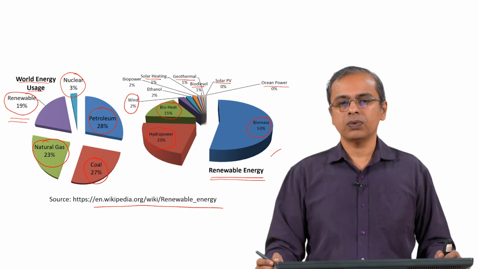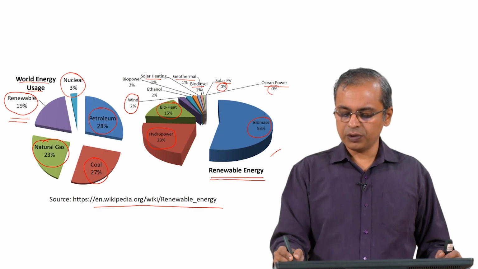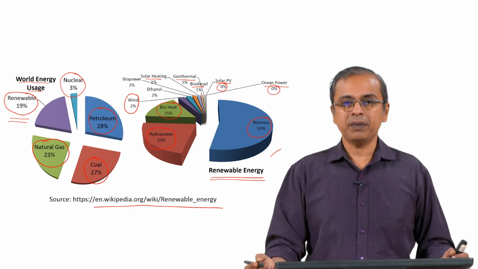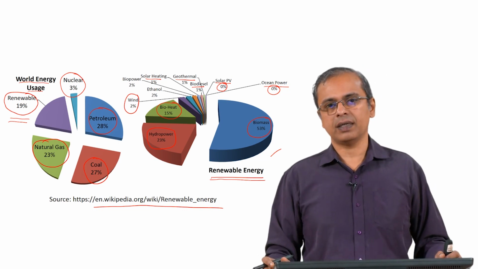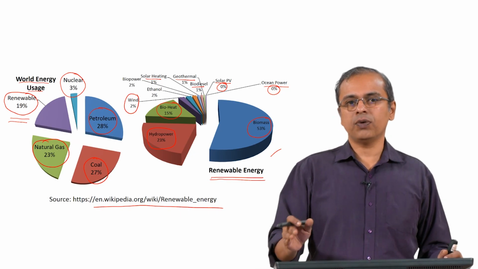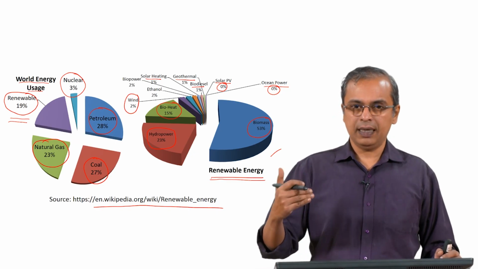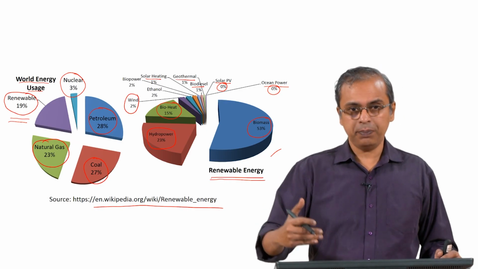I am listing 0% here for ocean power and solar PV, primarily because their contribution is so small that in the scale of this chart you almost cannot see them, but they do exist, people are working on them.